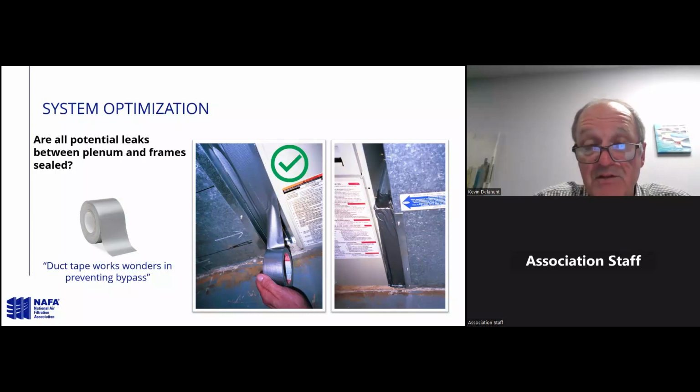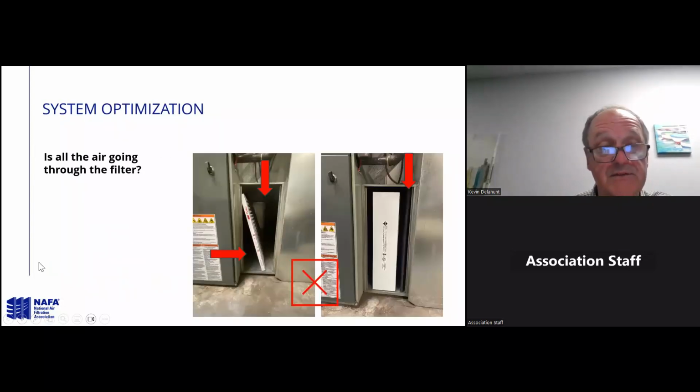The furnaces on the right here, again, sometimes they just have a piece of sheet metal that gets either thrown away or put aside because it's hard to slip on. And duct tape, again, works really good to provide a door and a seal on that filter. Very inexpensive, but very productive too.